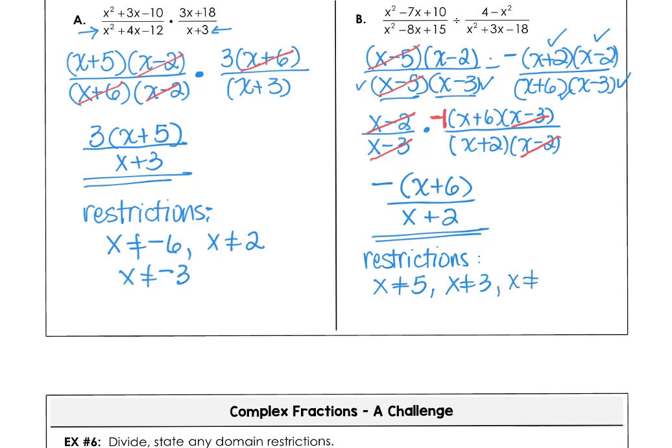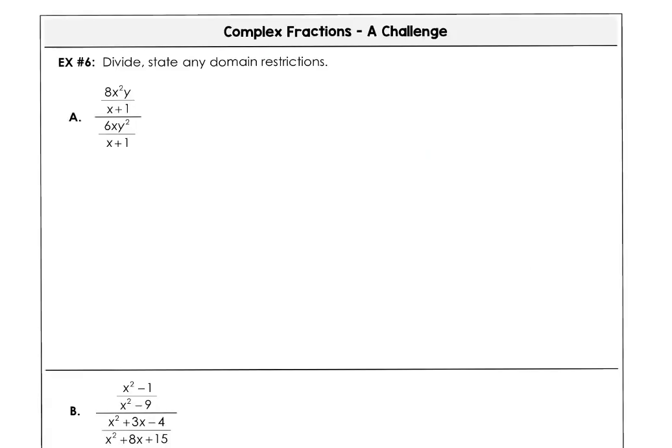X not negative 2, x not positive 2, x not negative 6, and we already had the 3 from the other side. Then our last two examples, we've got 8x squared y over x plus 1.